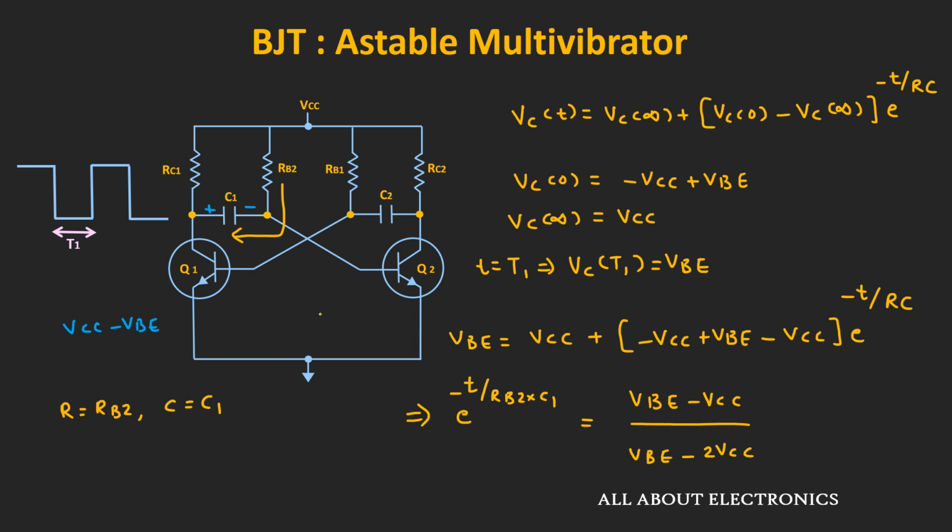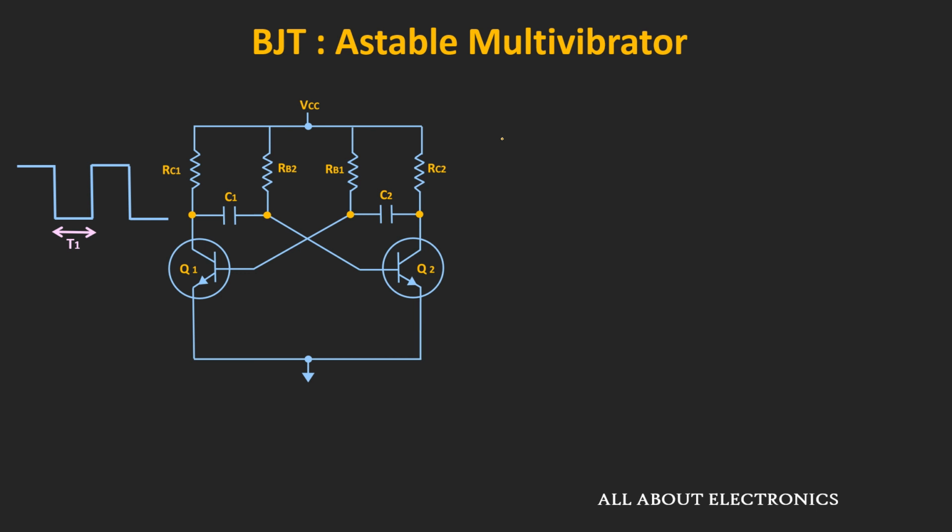Now here, for this circuit to work, the voltage Vcc should be much larger than the VBE. And usually that is the case in the circuit. So assuming this condition, we can say that e to the power minus t1 divided by RB2 times C1 is equal to minus Vcc divided by minus 2 Vcc.